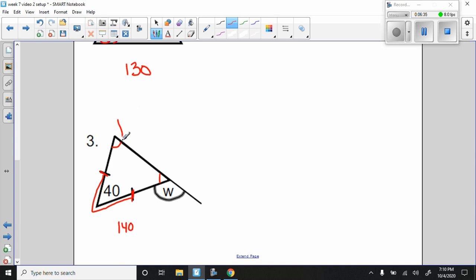And these two must add up to that 140 and be the same. So it's really 140 divided by 2. Both of these are going to be 70. And then to get w, do a little half circle here, and your final answer will be 110 for w because a half circle is 180.